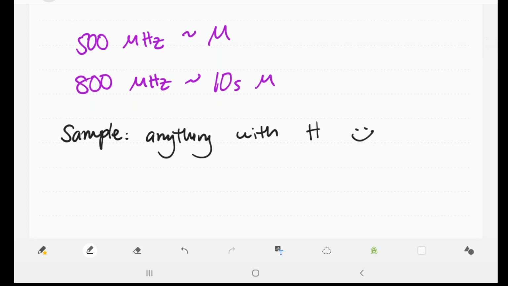So it's great. However, typically it's done in solution. Very often we don't have solid samples that we do NMR with. We need them in solution so they're able to rotate. And what this means is that we need to use a solvent, right?